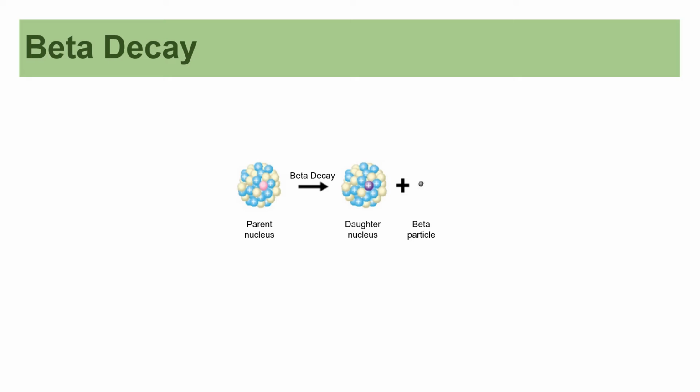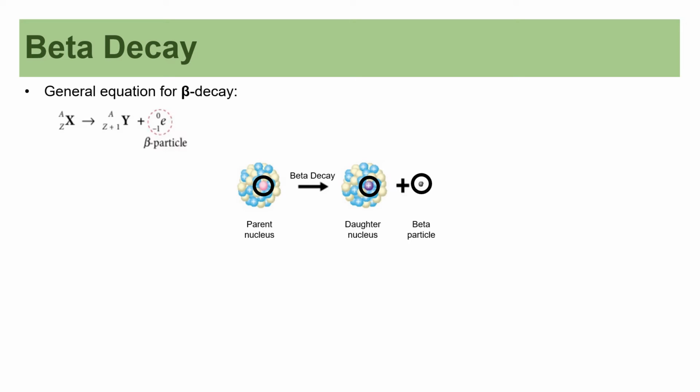Beta decay is actually a bit more complicated because it involves a neutron turning into a proton and emitting a fast-moving electron, which represents the beta particle. According to this beta decay process, we have a general equation for it.